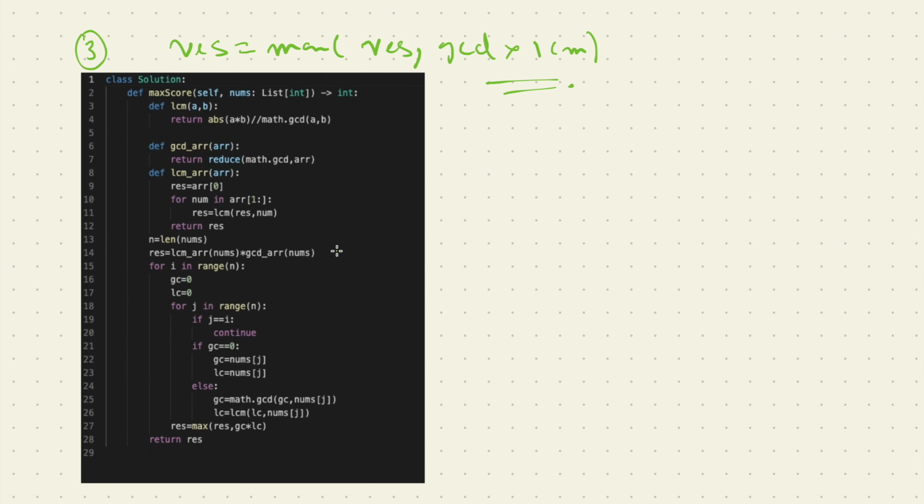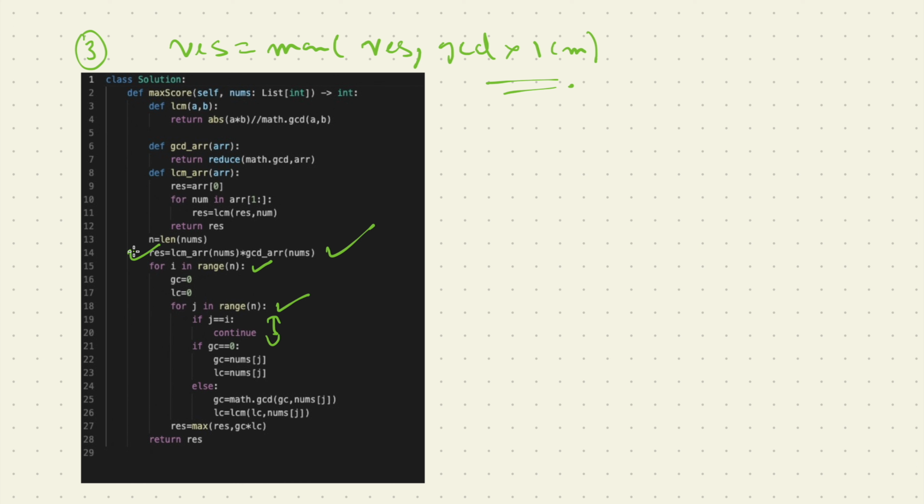So first, as I told, we got the LCM and GCD of the whole array, and we stored the initial result as the multiplication of these. After that, we went into the loops, where i ranges from 0 to n, and j also ranges from 0 to n. And whenever j equals i, we just skip this part, the reason being that we can delete at most one element.